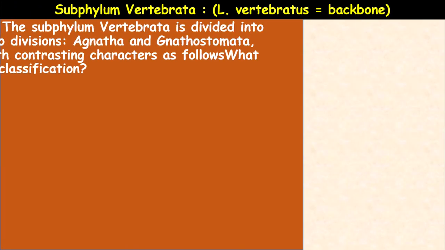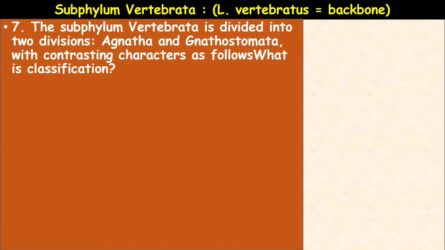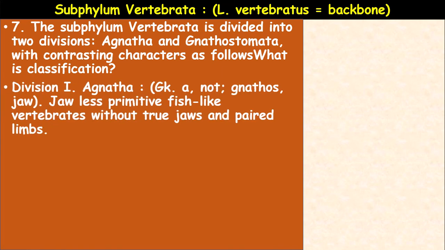The subphylum Vertebrata, seventh characteristic feature. The subphylum Vertebrata is divided into 2 divisions, Agnatha and Gnathostomata, with contrasting characters as follows. Division 1, Agnatha.